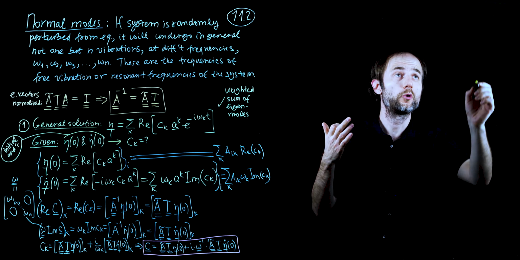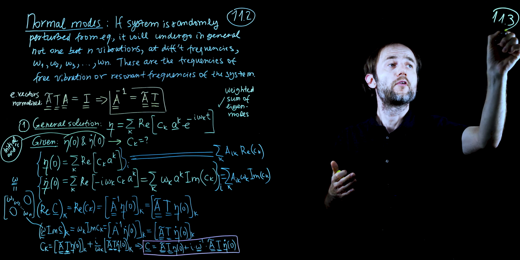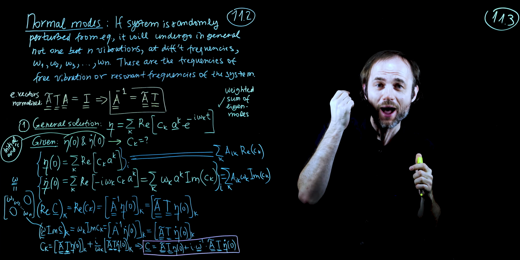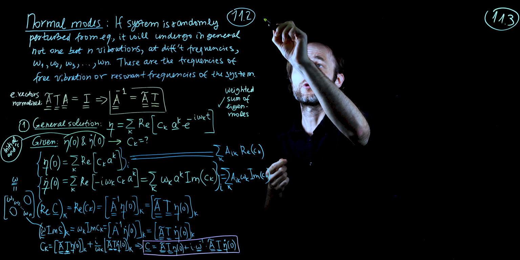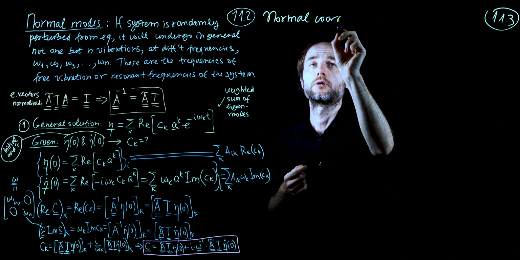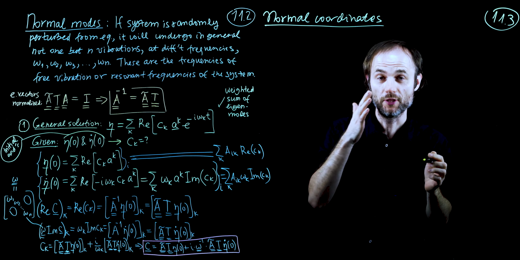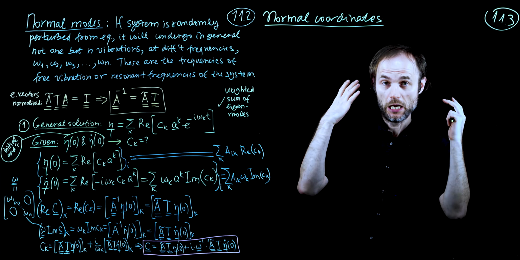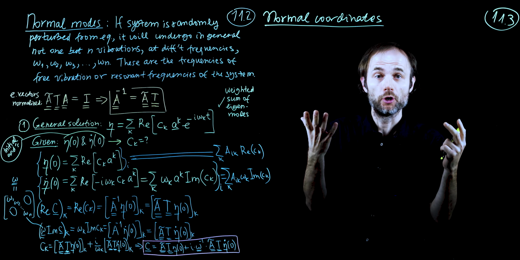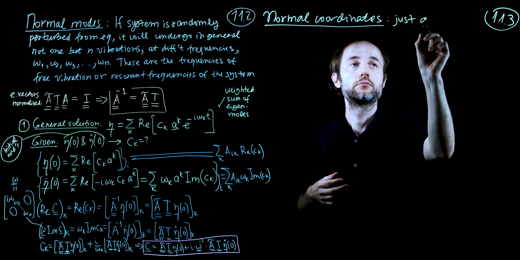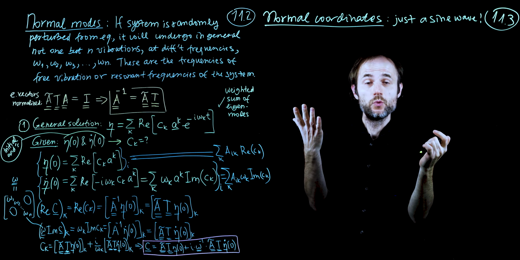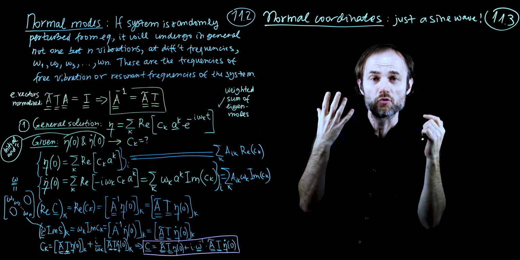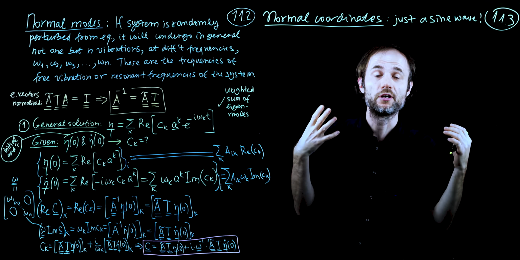Hello and welcome to part 3 of our awesome lecture 11. And here we finally have gotten to the amazing part of normal coordinates. So what's normal about them? Well, normal is because they behave like a normal, ordinary harmonic oscillator. Just a sine wave for each of the coordinates. So these are really the fundamental building blocks of complex systems.